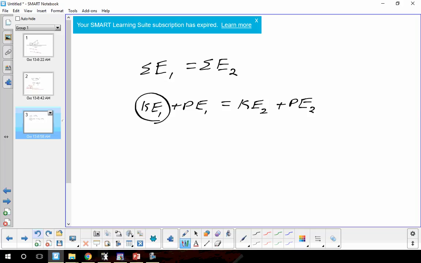And then in position 2, the potential energy goes to 0 because the spring has completely transferred all its energy to the ball. So we can say that the 1/2 kx squared at position 1 is equal to the 1/2 mv squared at position 2, and this would be the mass of the ball. So we can basically describe how the energy is transferred from one object to the other.